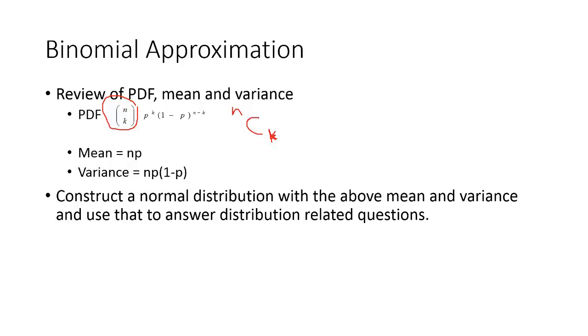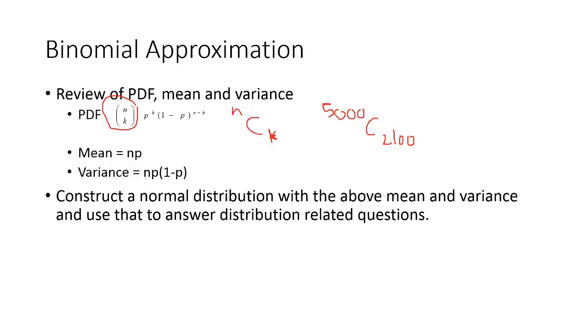Now if somebody asked you what is the probability of getting 2100 heads out of 5000 tosses, then if you want to use this formula, you need to plug in 5000 C 2100, and that's a very large number. It's a very hard computation, and 5000 and 2100 is just an example.